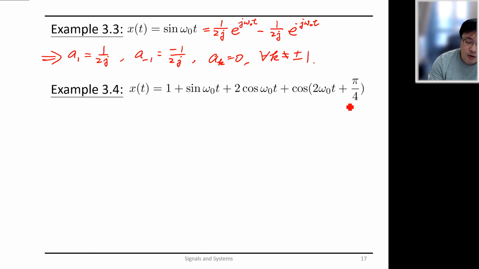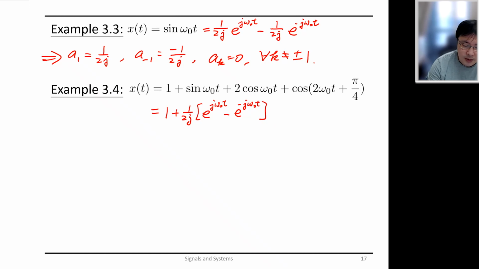Now this example 3.4 is similar. For all these sinusoids, sine and cosine, we can split them into complex exponentials using Euler's formula. In particular, sine omega naught t is similar to what we have above, which is 1 over 2j times e to the j omega naught t minus e to the minus j omega naught t.